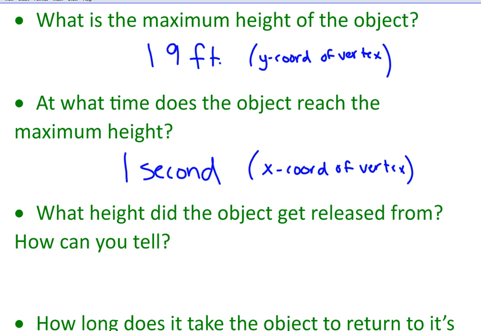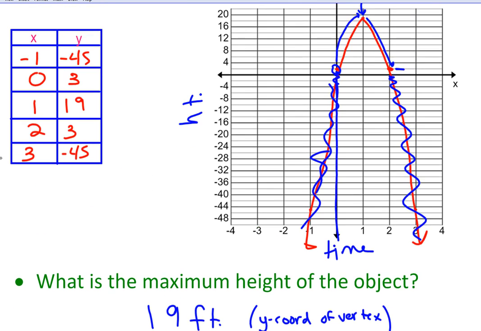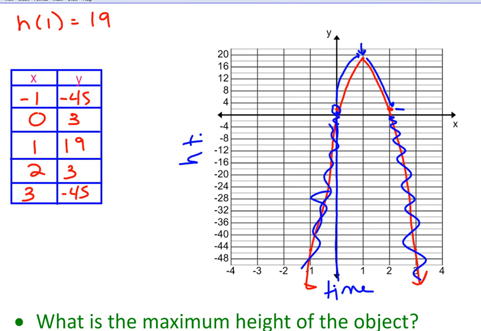Then it says, what height did the object get released from? How can you tell? So released from means where did it start climbing, and where did the time start? So where my object got released should be this initial point right here. That's where my object got released, because that's where I have my time of 0. This is the time 0, so this is the height it got released at.